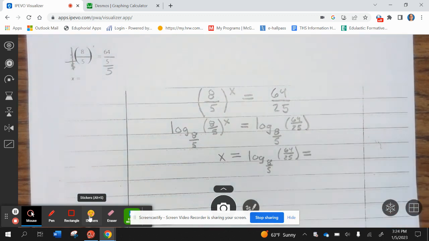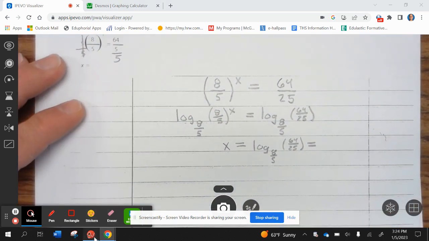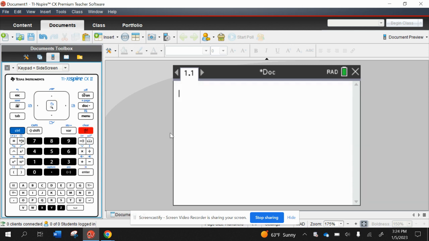And let's go ahead and put that in our calculator. So control log, control divide, 8 divided by 5, control divide of 64 divided by 25 is 2.